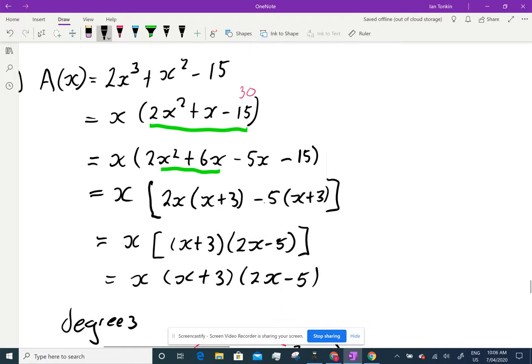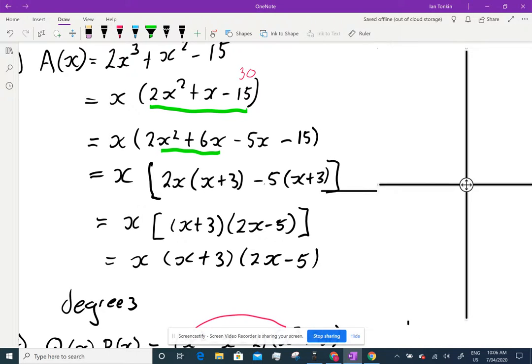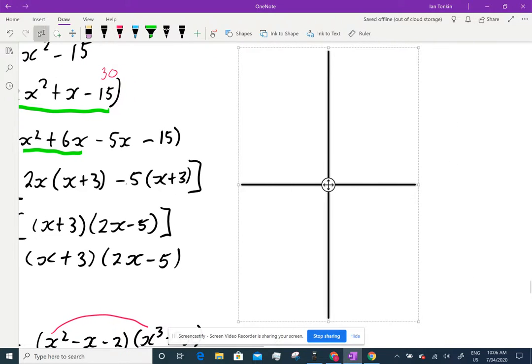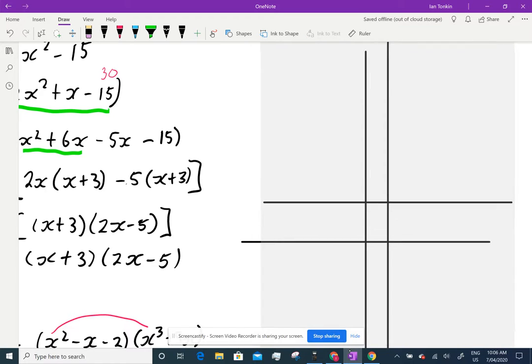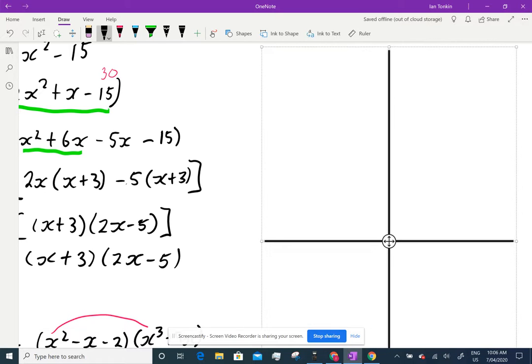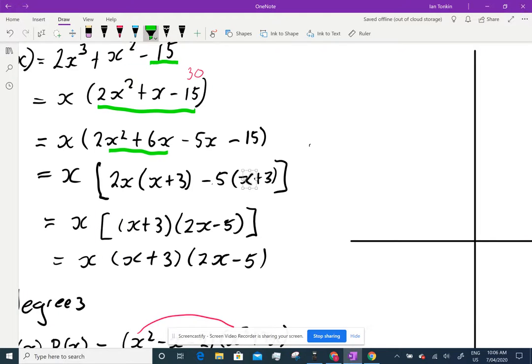So let's draw our axes. I'm making it a bit bigger for a reason. I don't know if you noticed, but the y-intercept is negative 15. It goes all the way down to negative 15, whereas I'm going to have x equals 0, x equals negative 3, and x equals 5 on 2.